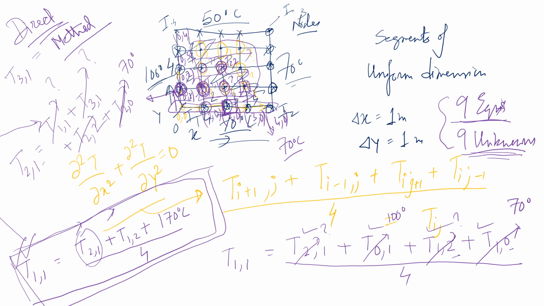If all the edge temperatures are known, then you will have in this case 9 unknowns, 9 equations. Solve the equations for these 9 unknowns, and you will get the temperature at all these intervals, right? And this method is known as the direct method. This is not an iterative method. It requires solving 9 equations.